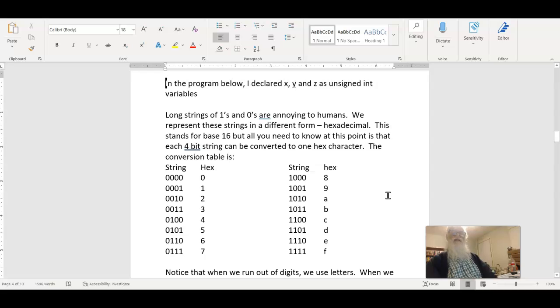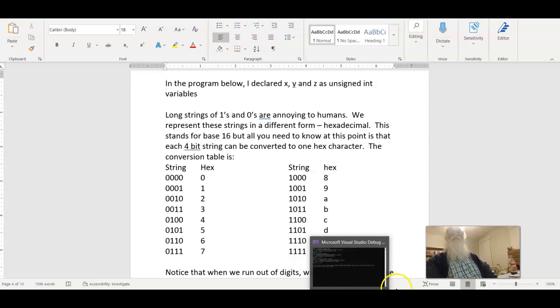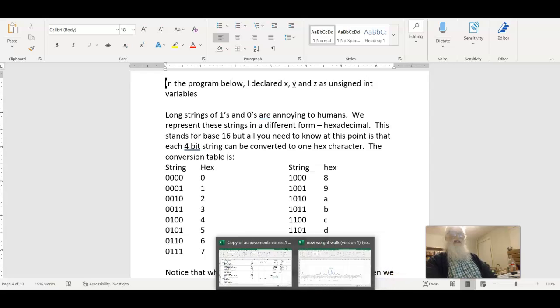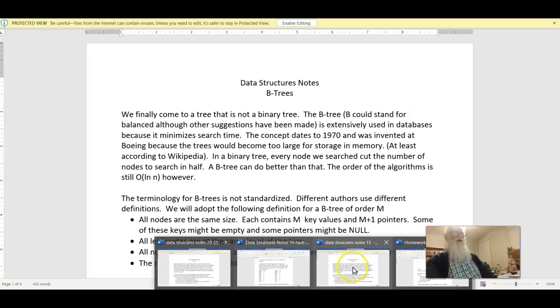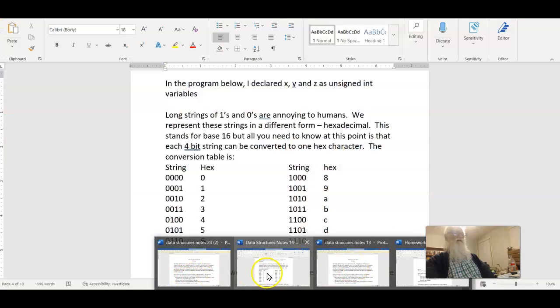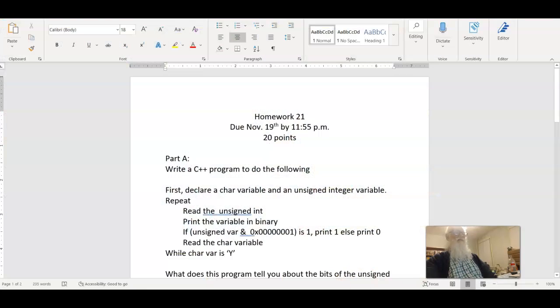I do have a little bit of homework for you to do, but it's mostly to learn about the bit functions, since they're used a lot in hashing. So let me show that homework to you. There it is. I want you to take a program. I want you to take a file.